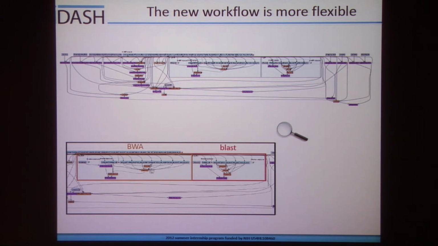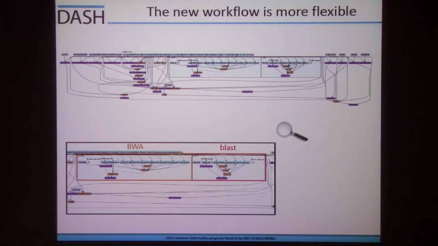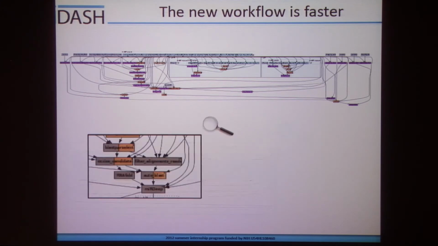But we also implemented another mapper called BWA, and we put a conditional branch over these two boxes, and the user can easily select among them. By just typing BLAST or BWA, he can change the mapper without affecting the other parts of the workflow. So it's more flexible than regular miRDeep.